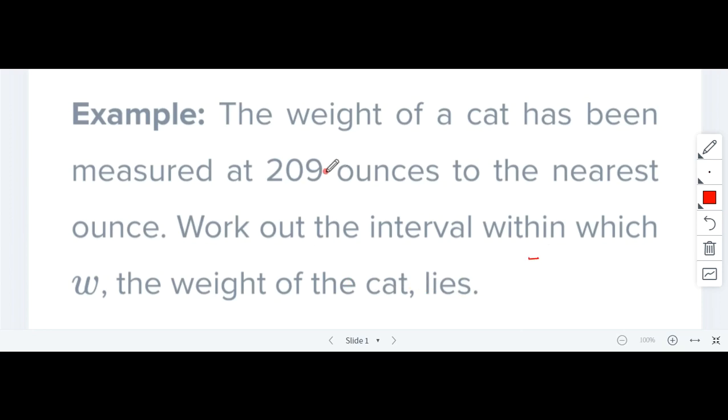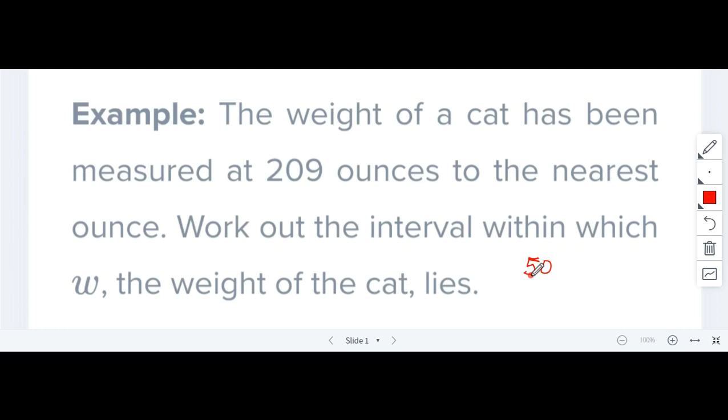It's just this question I'm giving you. A number rounded to the nearest whole number is 50.